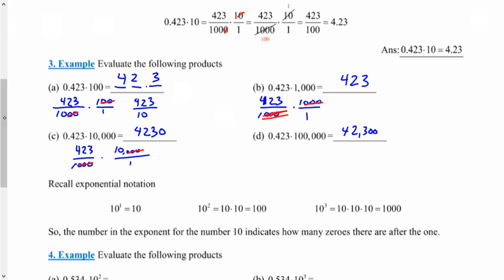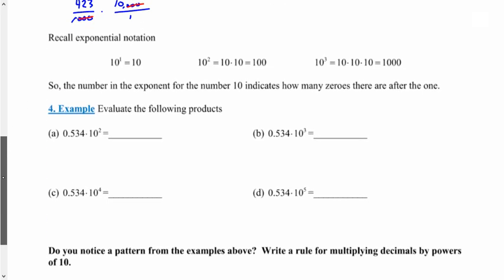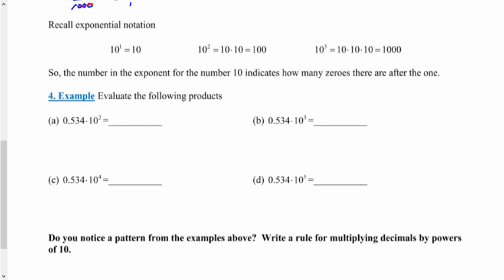Okay. All right. Now, sometimes we may not even write them all out like 10. We could actually just say 10 is 10 to the first, and instead of 100, maybe we write it as 10 to the second, or 1,000 is 10 to the third. And so if we want to evaluate this by 10 to the second power, this little 2 right here, all that really means is that we are going to move the decimal 2 places. Okay, that's what that means.